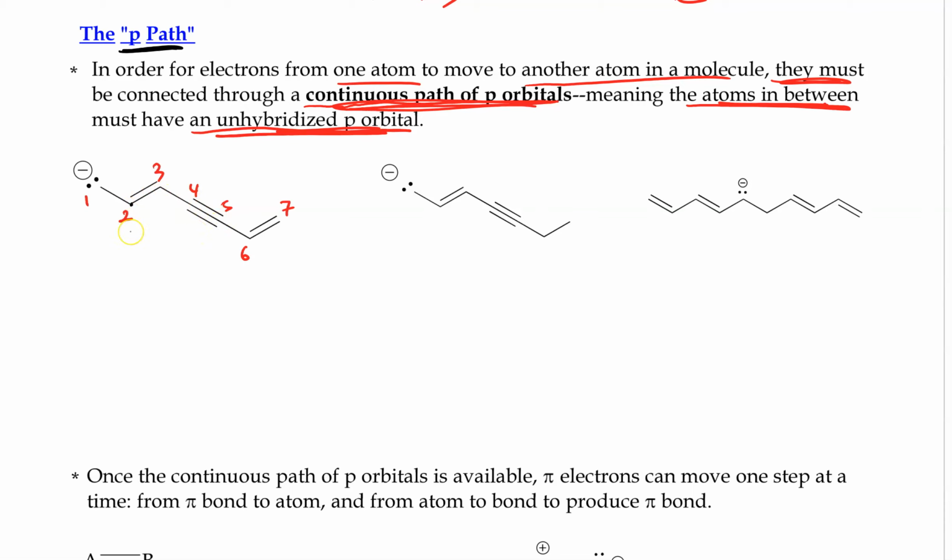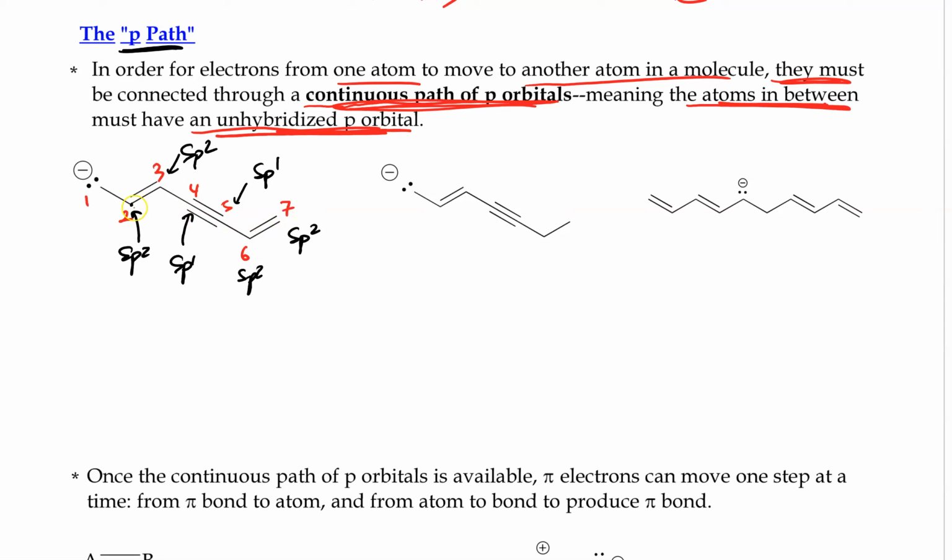Now let's check the hybridization of all of these carbons. This carbon right here is sp2, and carbon 3 is sp2, carbon 4 is sp1, carbon 5 sp1, carbon 6 sp2, and carbon 7 sp2. Because all of these are either sp1 or sp2, but not sp3, all of these carbons will still have one or more unhybridized p orbitals in them.